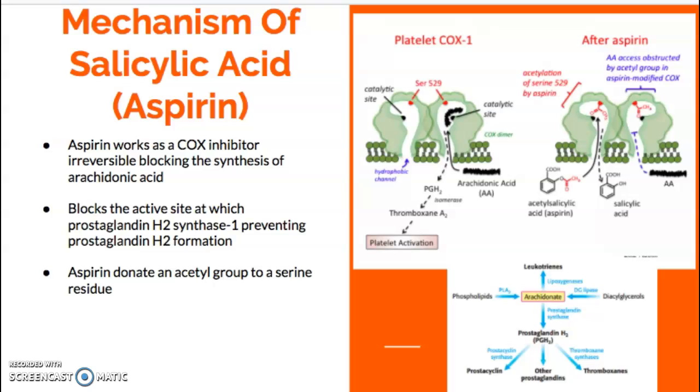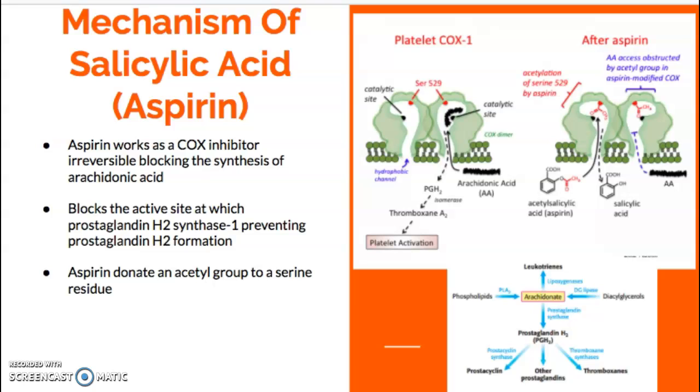Similarly, if you take a medication like aspirin, the salicylic acid donates that acetyl group and prevents the pathway by which COX is able to synthesize the prostaglandins, so you are basically preventing them from being formed. And you're also preventing some of the other bodily functions that the other specific prostaglandins are performing.